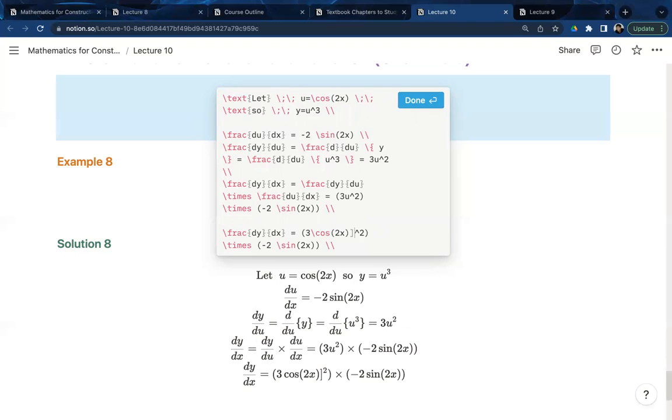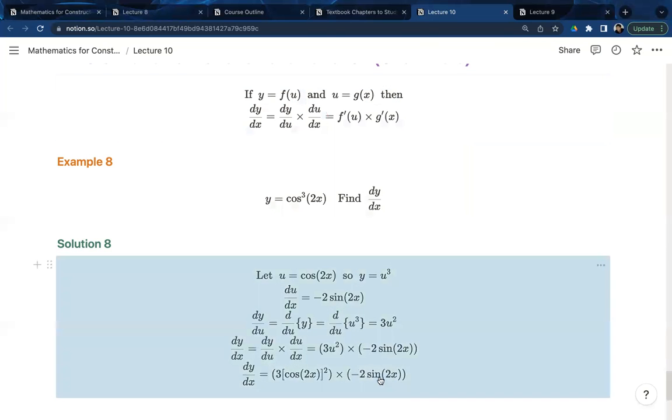So I could put a square bracket on it. There's the cosine being squared. The only thing that changes is we substitute for u. What is u? U is cosine 2x. So you see I have the cosine 2x all squared here.